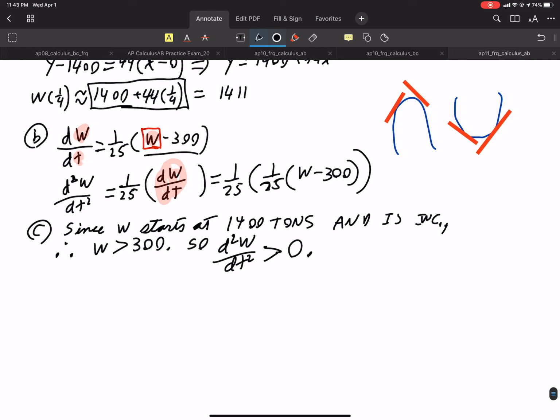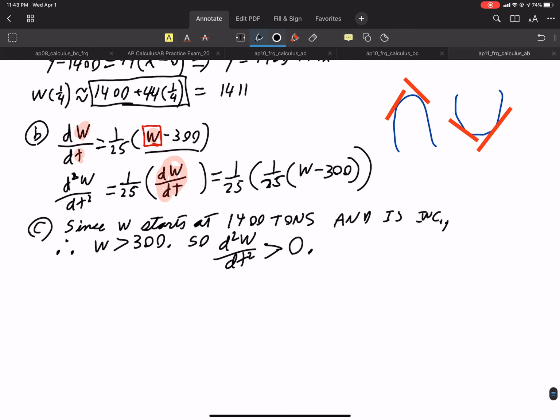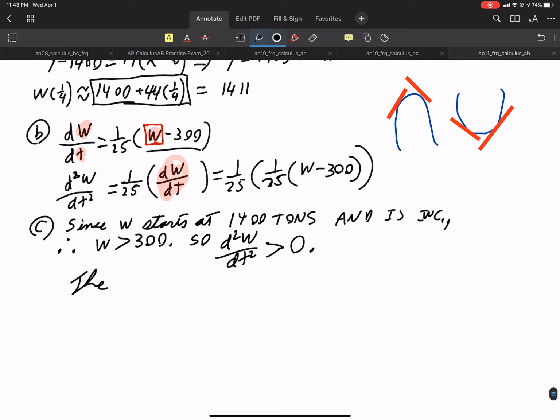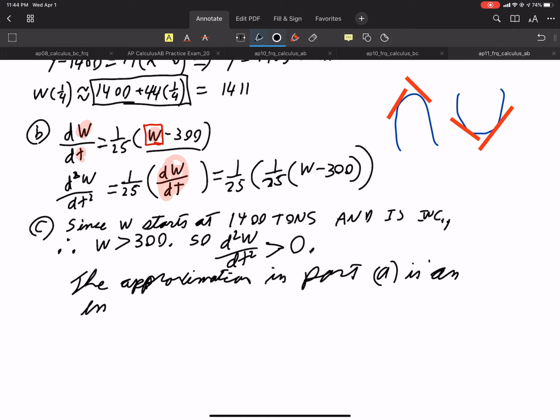So now you would say the approximation in part A is an under approximation.